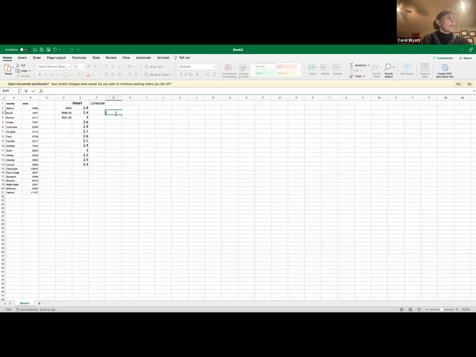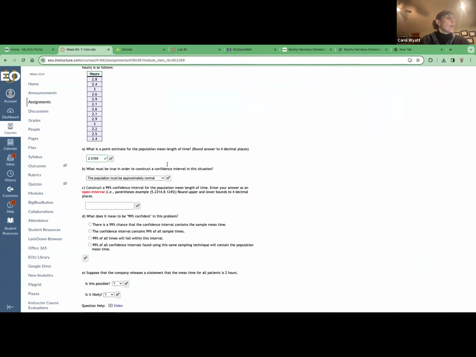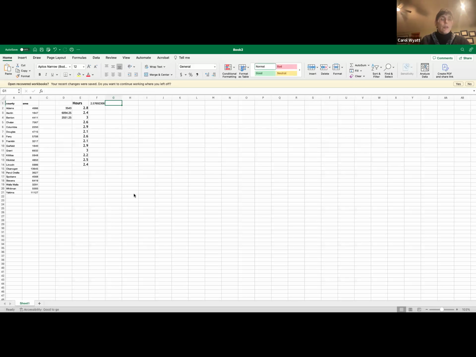All right, so there's our mean. We want to find our t critical value. We want to be 99% confident. That means we're going to use equals T inverse. This is a two-tailed t inverse.